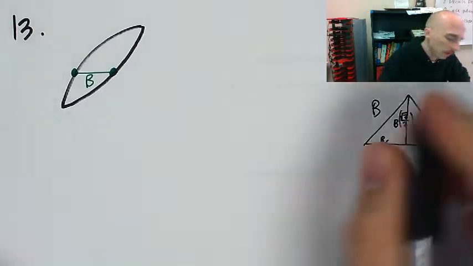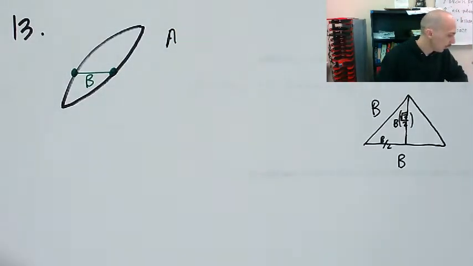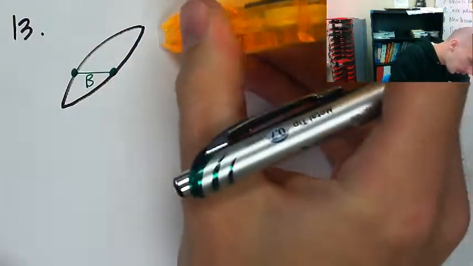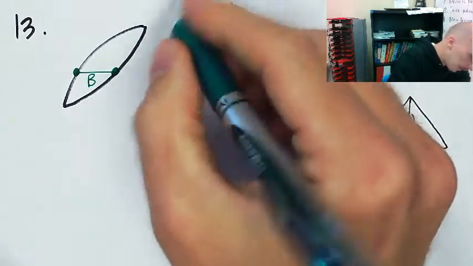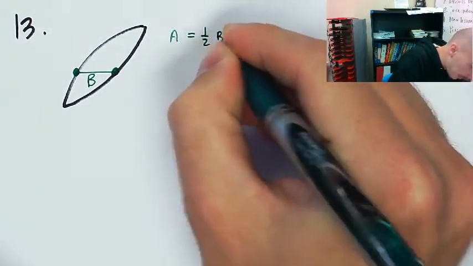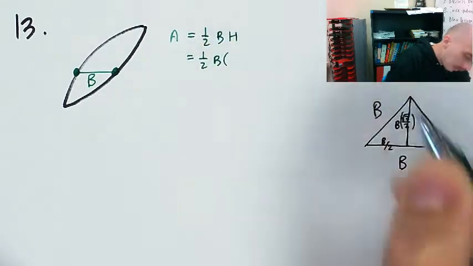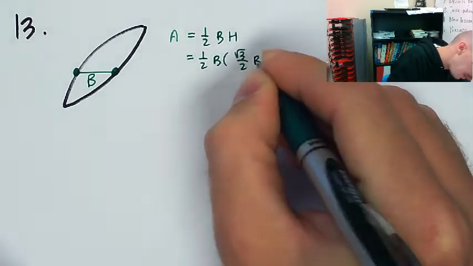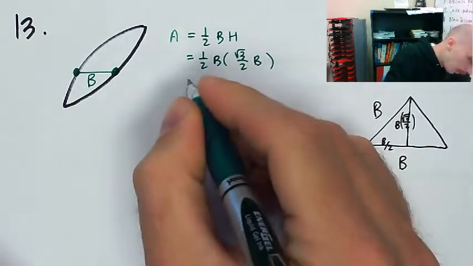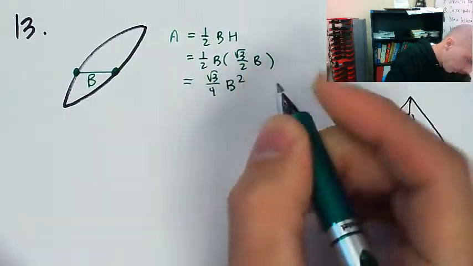Okay, and remember the area formula is 1/2 base times height. Generally I write that in green. Try to stick with that. Area formula is 1/2 times base times height. But that's 1/2 times base times height, which is root 3 over 2 times the base. And so I combine those and I get root 3 divided by 4 times base squared.